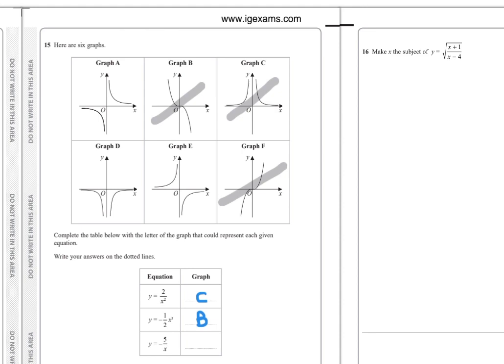So maybe this one or that one, but this one doesn't work. So we can exclude this one also. Now, if x is negative, y will be negative 5 over negative, so y will be positive, so above the x-axis. So this one doesn't work, so our graph is E. So the answer is E.